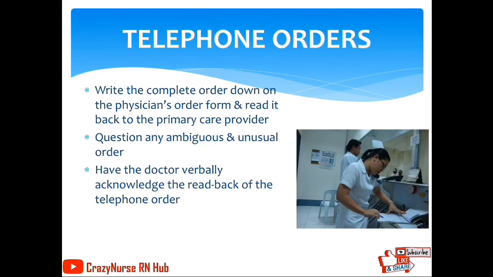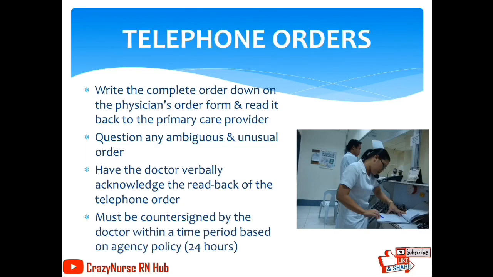Then indicate on the physician's order form that it is a verbal order or telephone order. Once the order is written on the physician's order form, the order must be countersigned by the primary care provider within the time period described by the agency policy. Many acute care hospitals require that this be done within 24 hours.